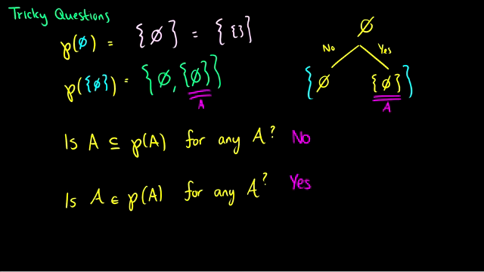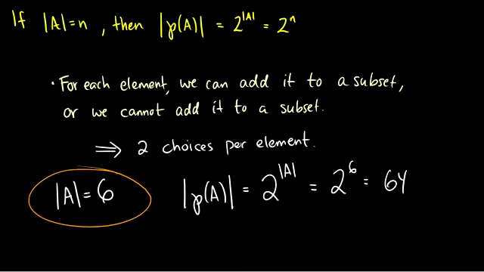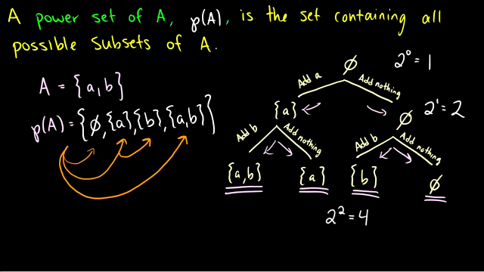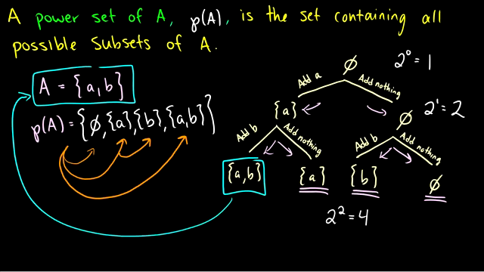Now, let's think about this. Well, let's go back to this example. Here is A. A is the set containing A and B. If we add all of our elements, we get the possible subset, which is itself. So we get A back as a possible subset. But remember that these subsets are elements of the power set. So whatever your original set is, it will be an element of the power set.